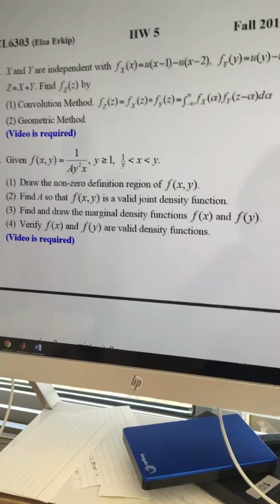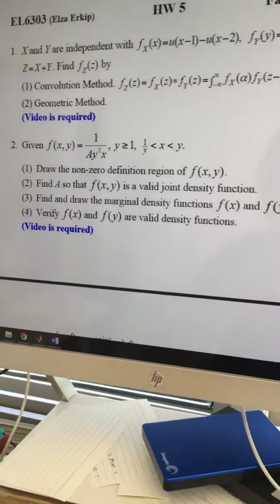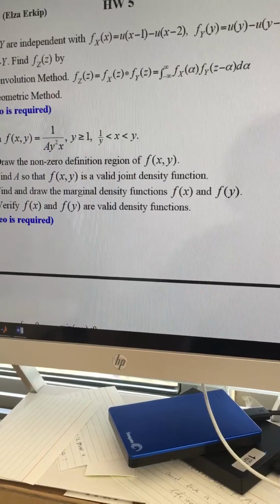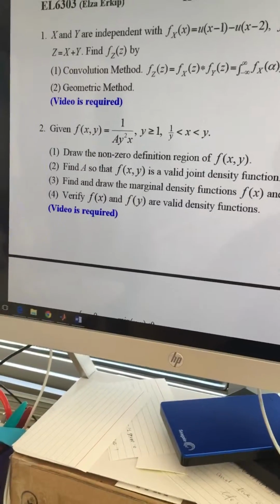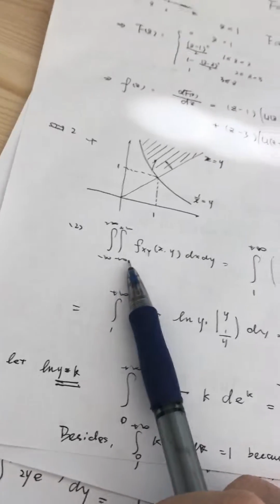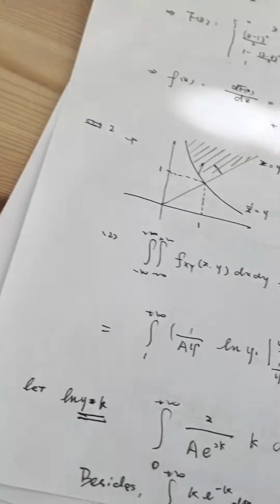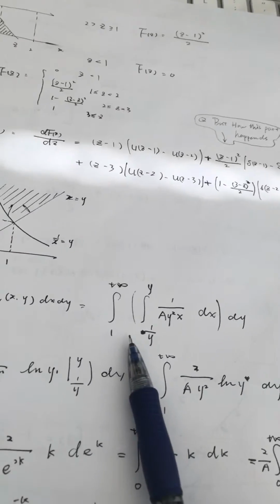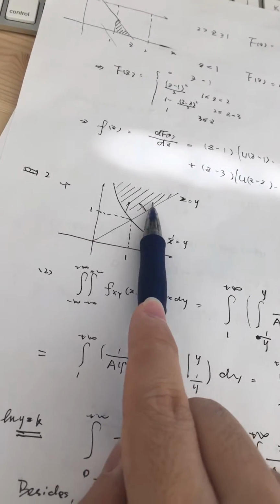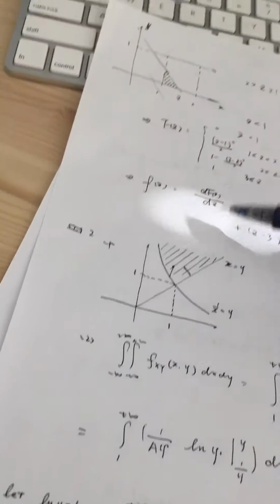The only numerical relationship we have is that integrating out x and y over their definition region gives us 1, the total event, which means all of the possibilities. So we write the two-dimensional integral from minus infinity to plus infinity of f(x,y) dx dy. For the exact integral we need, x is from 1 over y to y, that is the inner integral, and the outside integral is y from 1 to plus infinity.